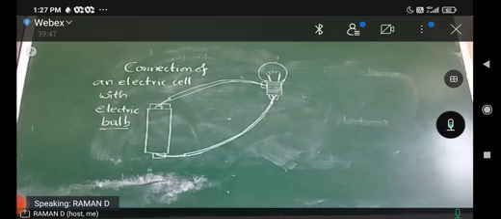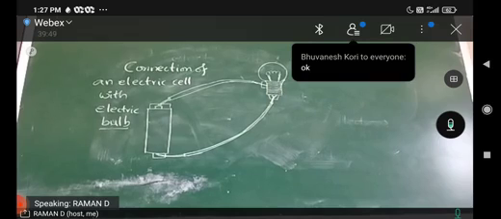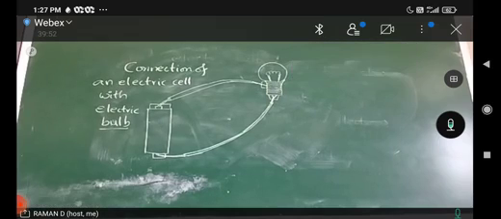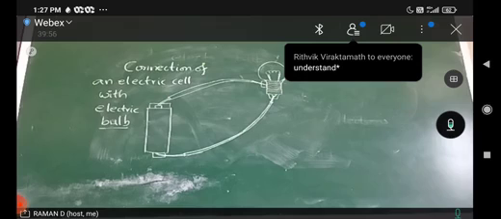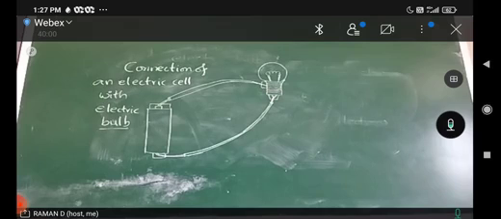You attach one end of one wire at the top part of the electric cell, that is the positive terminal, and you attach the other end of the cable to the metal case of the bulb.